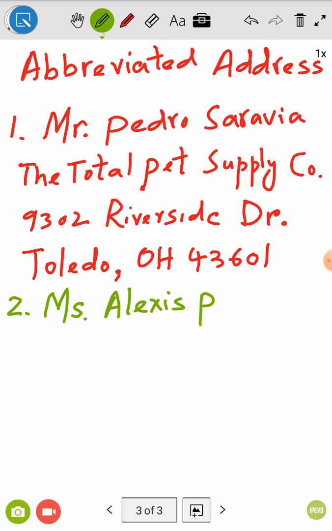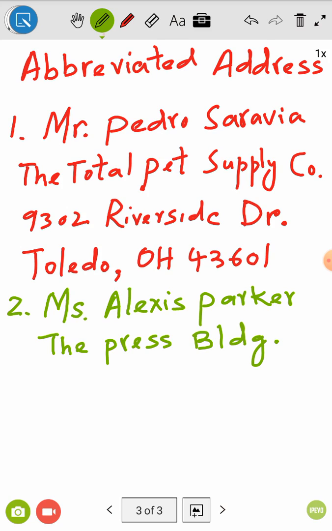Parker, capital P, A-R-K-E-R. The Press Building, T-H-E, the press will be as it is, P-R-E-S-S. And Building, B will be capital, and l, small d, small g, followed by a period. It's the abbreviated form of building.